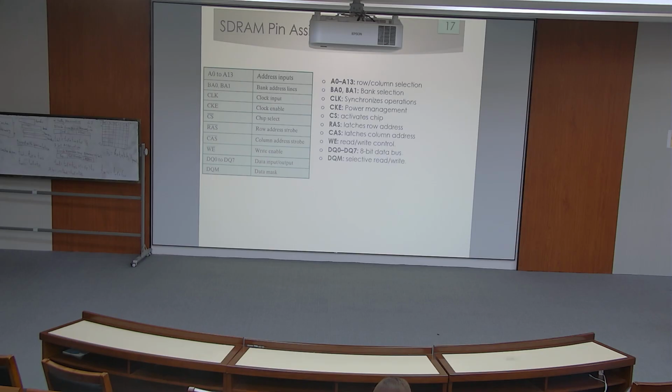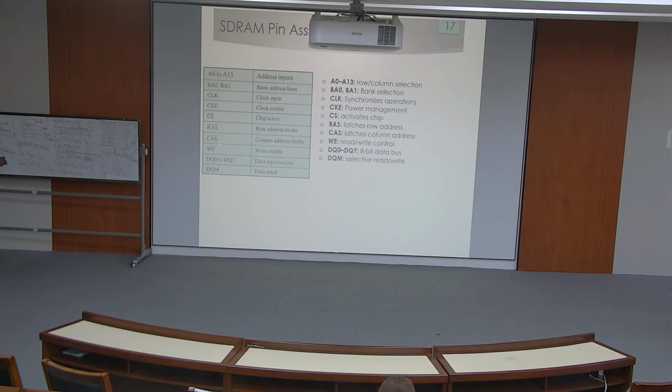The next pin is the chip select. For the synchronous DRAM, it is for activating the chip. Then we have the row address strobe to latch a row address. Then the column address strobe pin is to latch a column address.